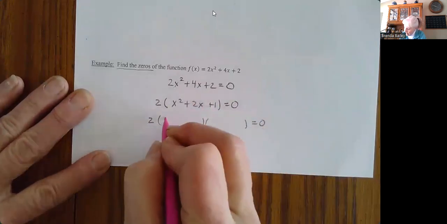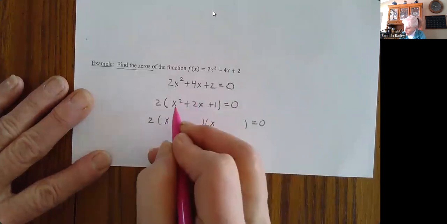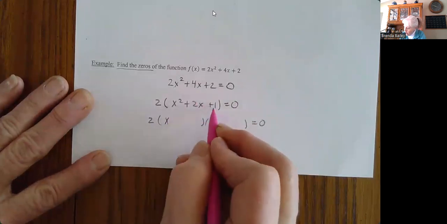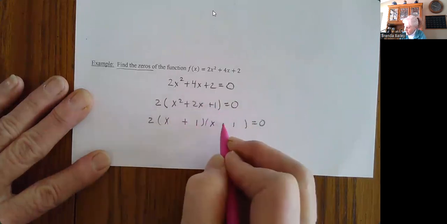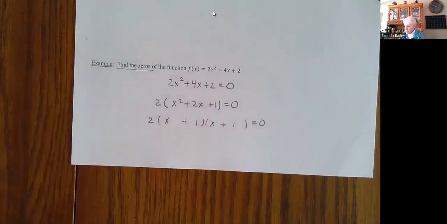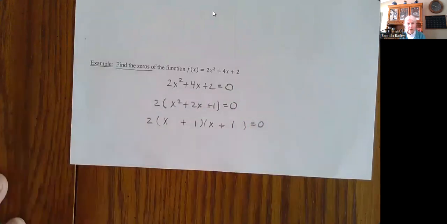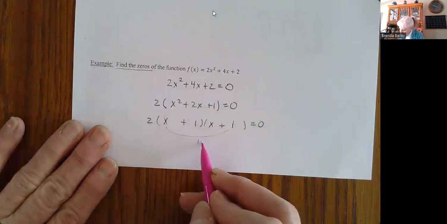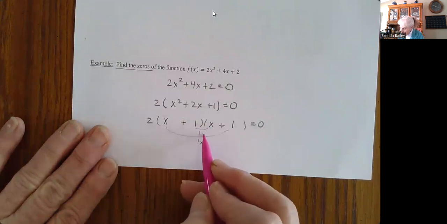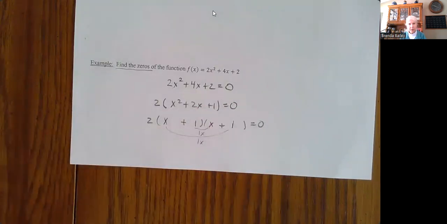It looks like x times x gives you x squared. 1 times 1 gives you 1, and it looks like everything's a plus. Let's see if we get our middle term. 1x and 1x is 2x, so it does work.